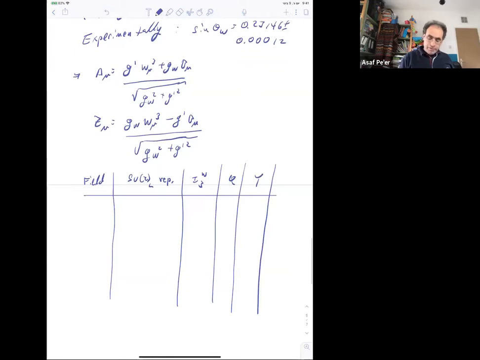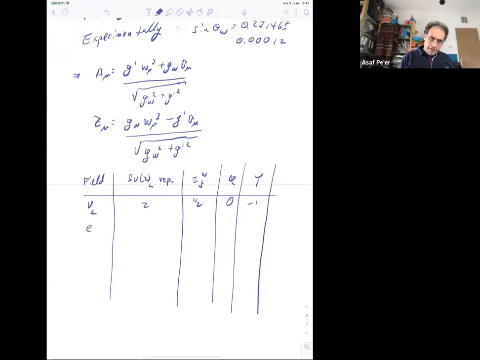So the neutrinos, left-handed neutrinos, right? The representation, it's a 2, it's a doublet of the representation. I3 is plus 1/2, they're in the upper part of the doublet. The charge is 0, and from what we just saw, the Y should be a -1.